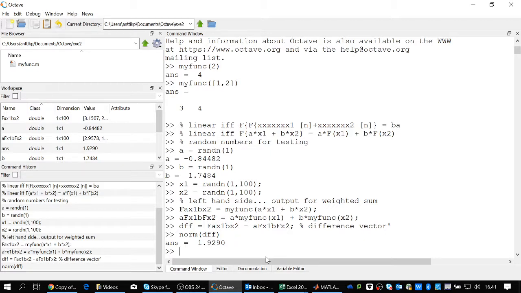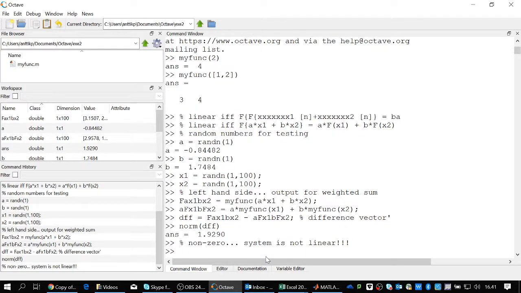System does not operate linearly. That was non-zero. System is not linear. Okay. Good.